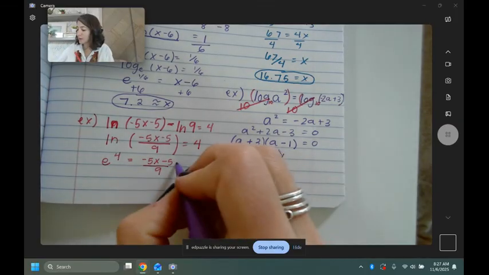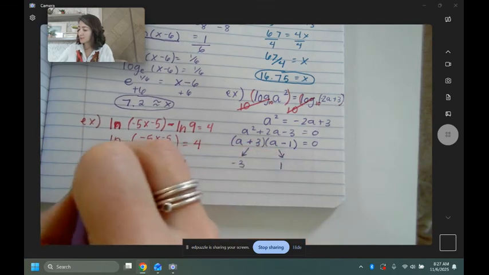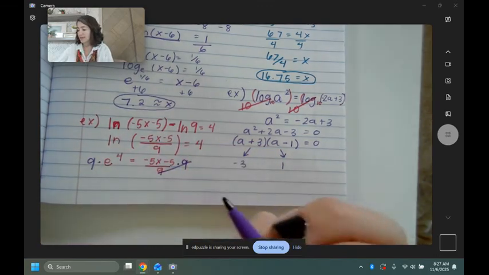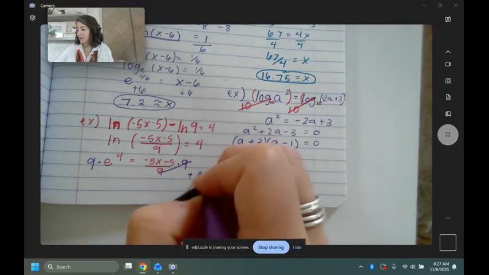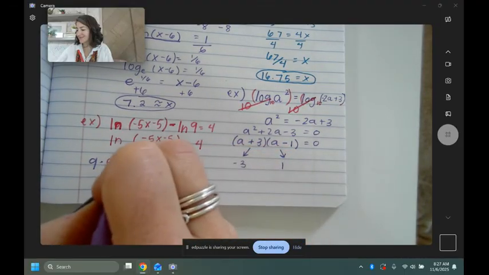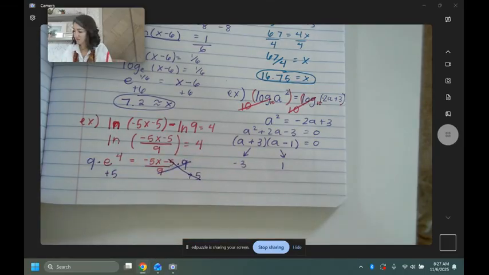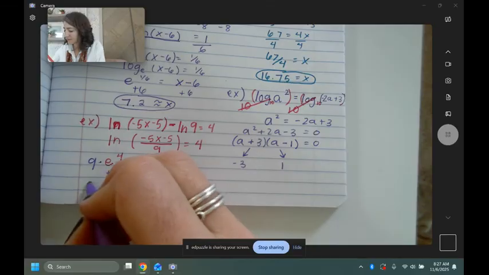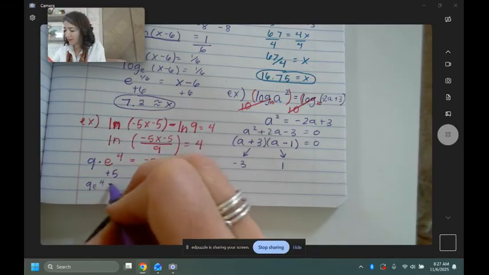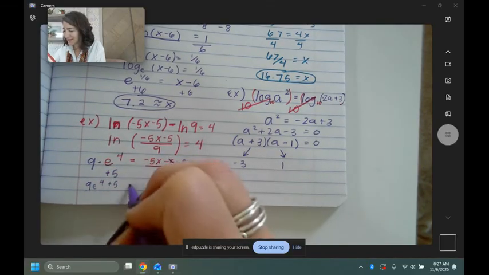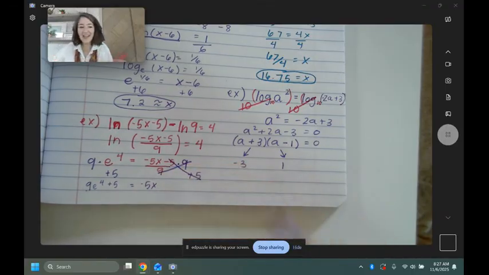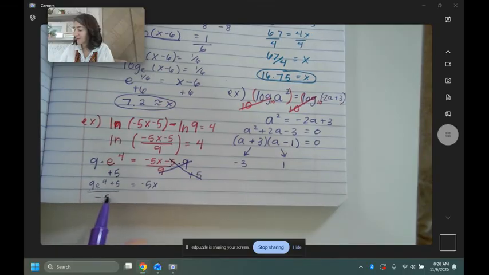So I'm going to multiply both sides by 9. I'm going to add 5 to both sides. I want to type this all in at once so I don't round it too many times. That equals negative 5x. And then the last step will be to divide both sides by negative 5.